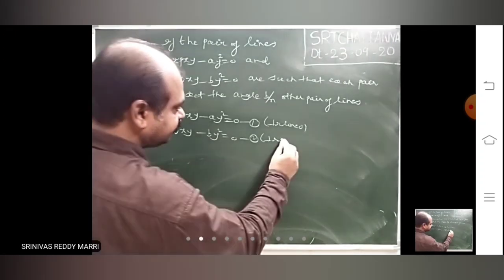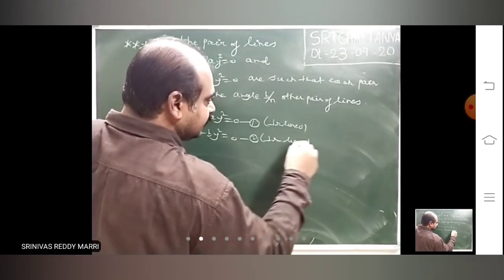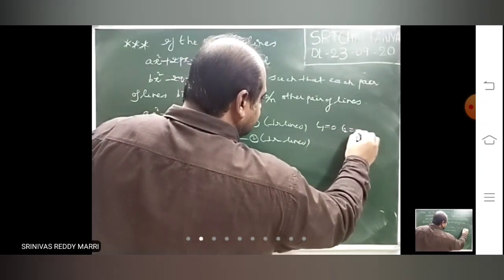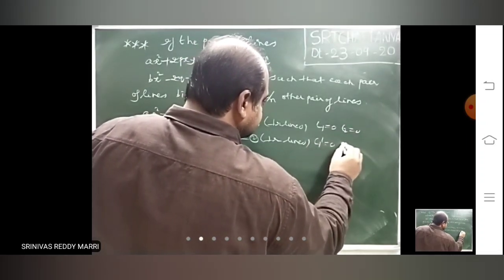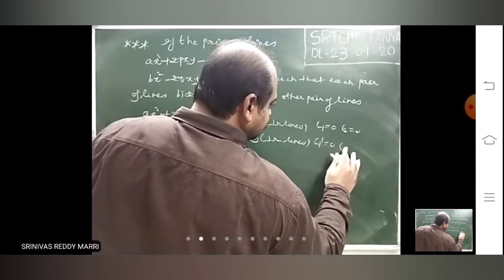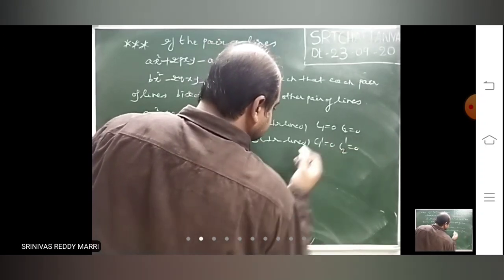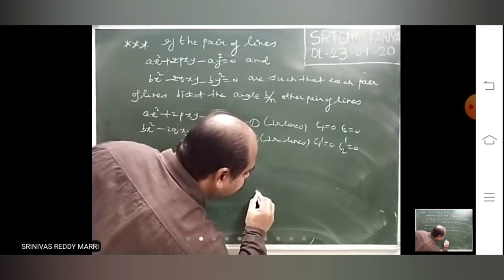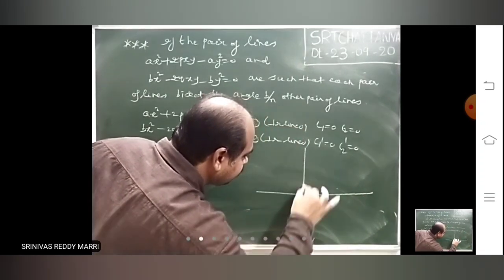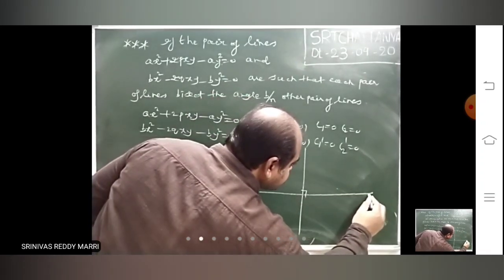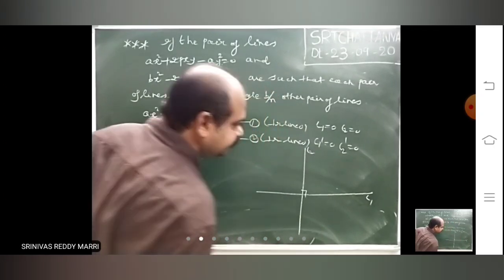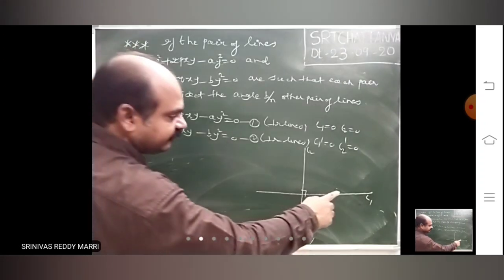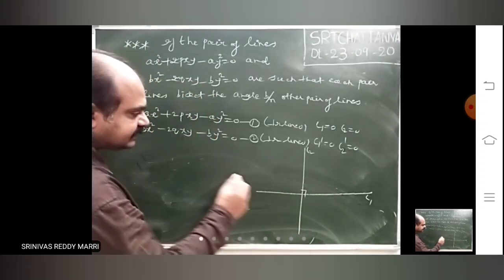Second also, this plus this is 0. Let us say the first represents L1 equal to 0, L2 equal to 0, and the second represents L1 dash equal to 0, L2 dash equal to 0. Each pair bisects the angle between the other pair means there are two lines like this. Look at the first one. So this is L1, this is L2, perpendicular lines. So that means for L1 and L2, the bisectors are these lines.